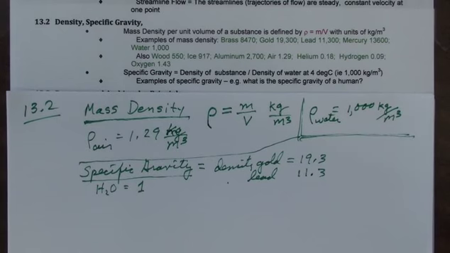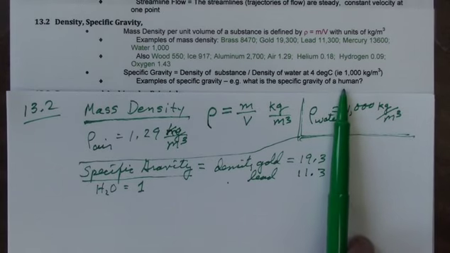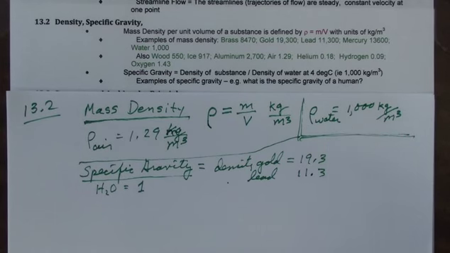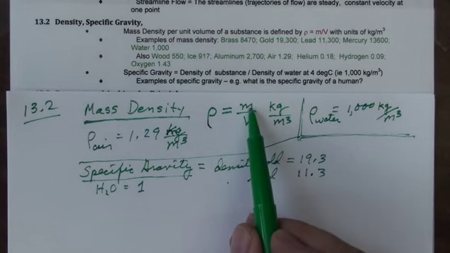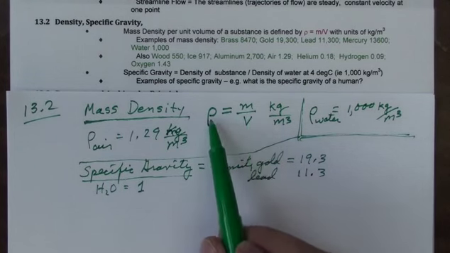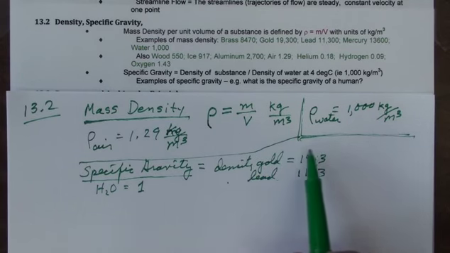So, in general, we can approximate the density of a human by a specific gravity of 1. And so it's very neat that if you know the mass of a person in kilograms, we can then figure out what their volume is by using the density of water.